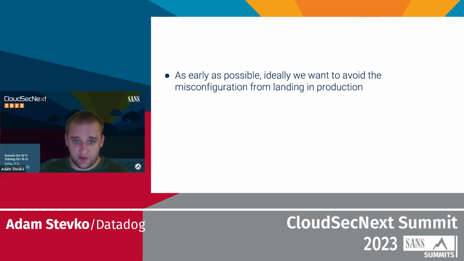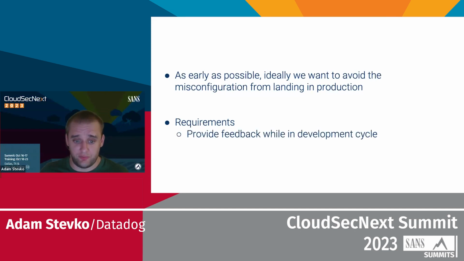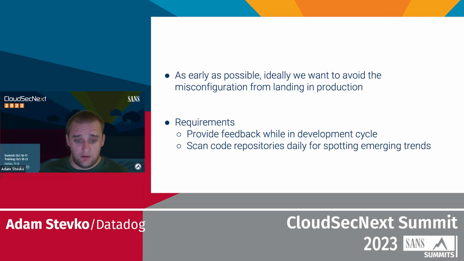Some of the requirements that became obvious after we talked with our stakeholders were that we need to provide feedback pretty much when they are just drafting the code or iterating over in a pull request and it hasn't been merged. For our own internal needs as a cloud security team, we are scanning code repositories daily so we can spot the bigger trends.